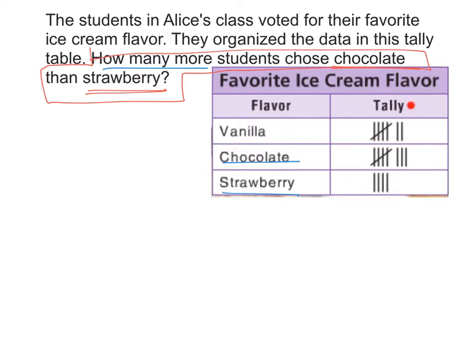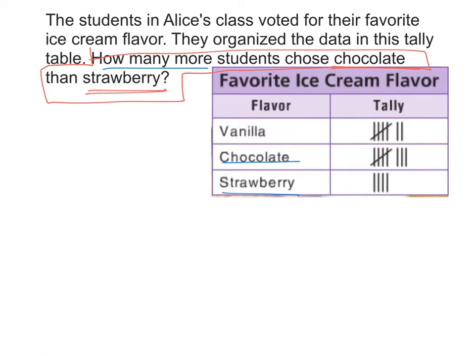Well, here is the tallies. What we can do is use numbers instead of tally marks. So in other words, for vanilla, how many tallies were for vanilla? Well, we have 5 here, 6, 7.